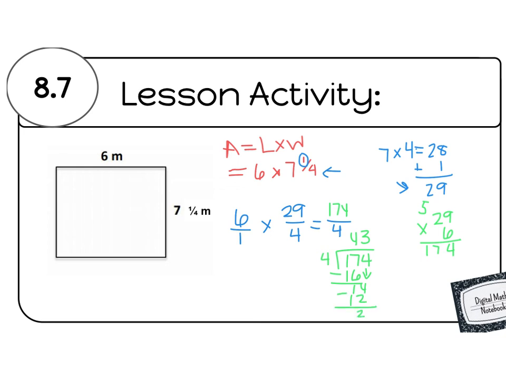So that means that the area, the space inside, is going to be 43, and our leftover bit is 2/4, which we could simplify down to 43 and 1/2. That was a lot of work, friends, when we throw in fractions. Pause now to type this into your digital math notebook.